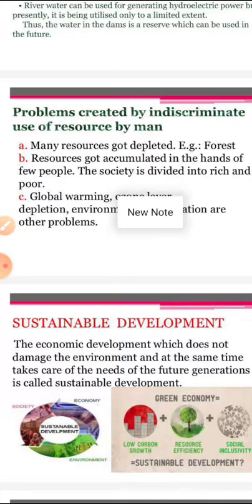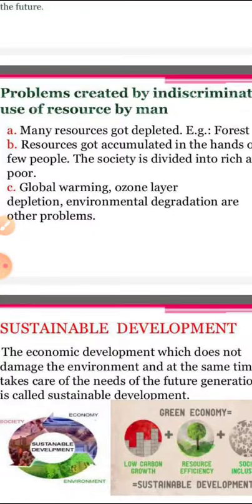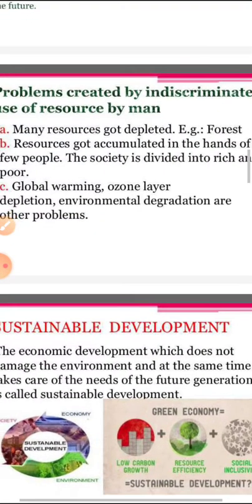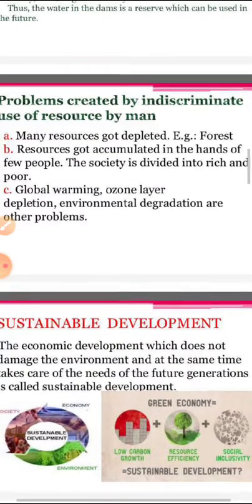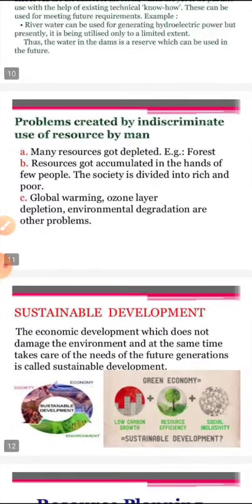Many resources got depleted due to indiscriminate utilization. Then another point is resources got accumulated in the hands of few people only, due to which society has been divided into two groups, haves and have nots, or you can say rich and the poor.